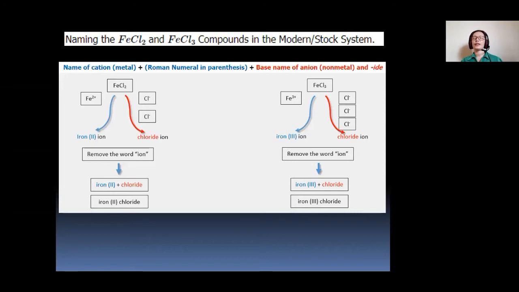Looking at FeCl2, obviously from the formula, the compound makes use of 2. So in naming it using the stock system, it's iron, Roman numeral 2, and then chloride. But if the compound makes use of the higher oxidation number, which is 3, it will be named iron, Roman numeral 3, and then chloride.